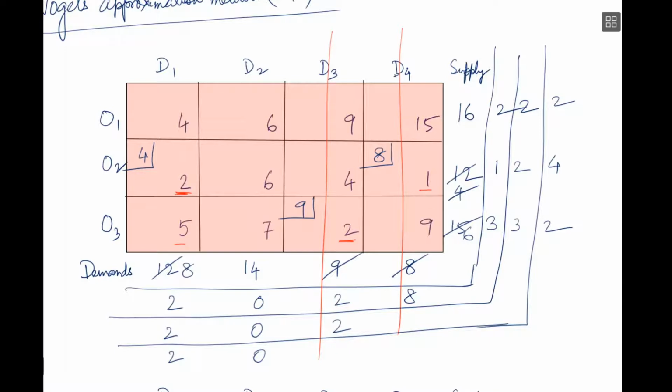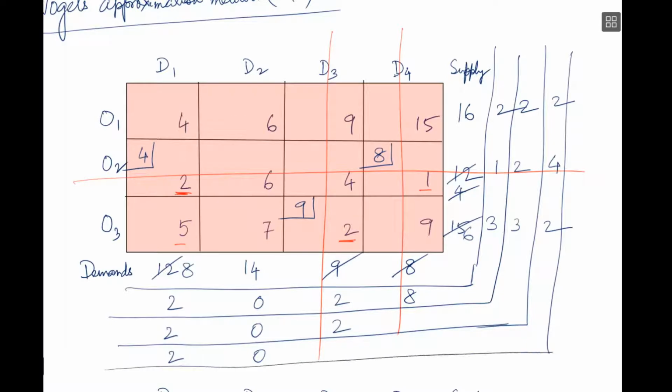And so now we discard the second row, and in the next reduced matrix we again find the differences. It is 2, it is 2, it is 1, and it is 1. So we can make allocation at either the first row or the third row, that is O1 or O3.